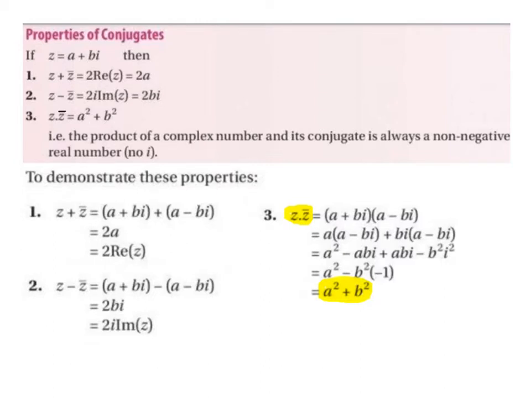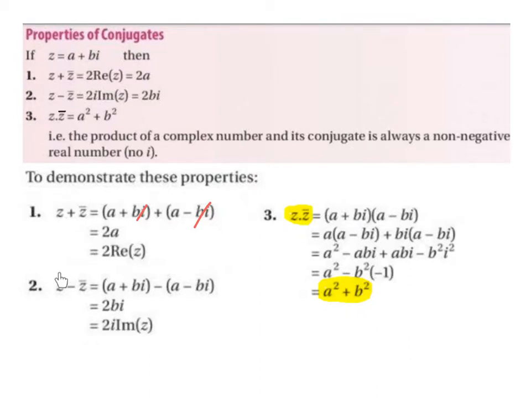To demonstrate these properties, z plus the conjugate of z is going to be a plus bi plus a minus bi. So we'll have a plus a gives us 2a, and bi minus bi will cancel. So since a represents the real part, it's 2 times the real part.